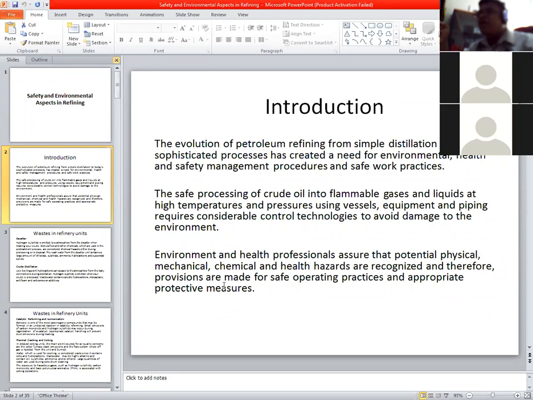Because for every unit's emissions there are some guidelines, some acceptable range or permissible limit. So you have to estimate what pollution is occurring from that particular unit. If it exceeds the limit, definitely you have to take action.